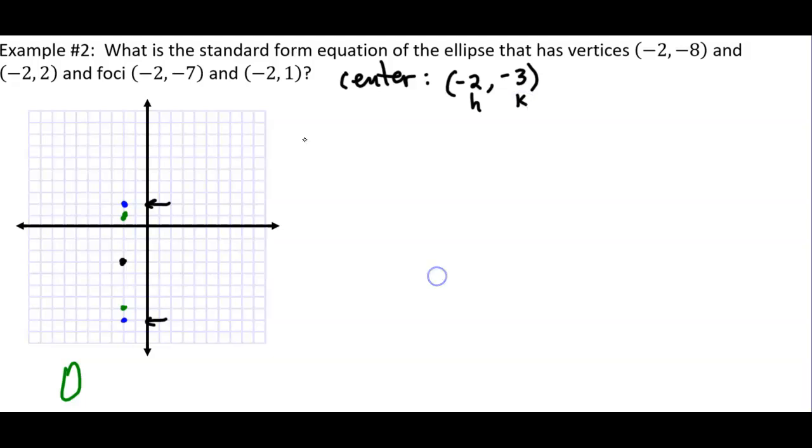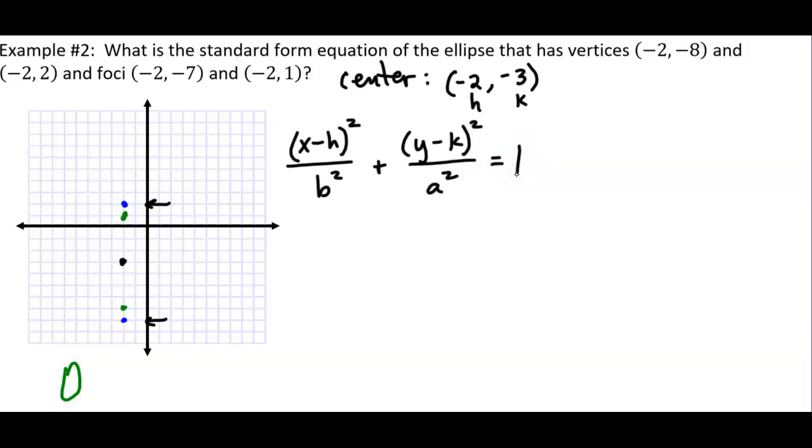And here's the form that we're going to try to follow. We're going to be trying to follow x minus h squared over b squared, because it's the egg shape, plus y minus k squared over a squared, and that equals 1. So we know h and k because we just figured out what the center was. Now, do we know what a is?